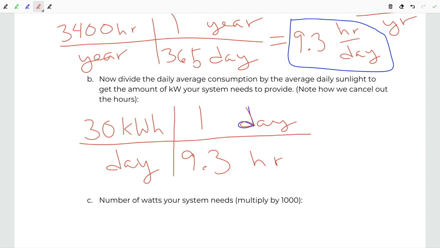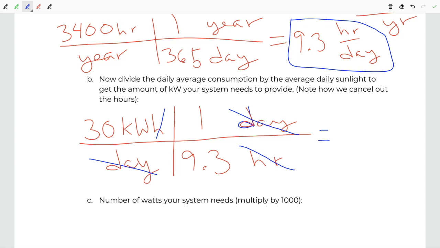And so we can start canceling some units. We can cancel out day and day, and it's a little less obvious, but we can cancel out hour and hour. And this is how we determine how many kilowatts our system needs to provide.